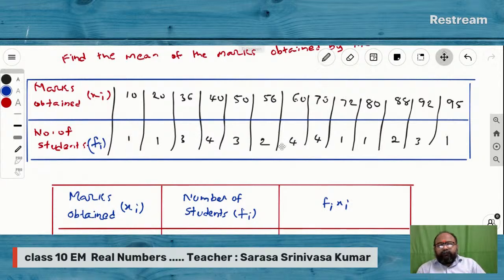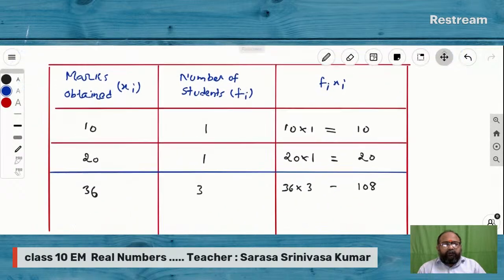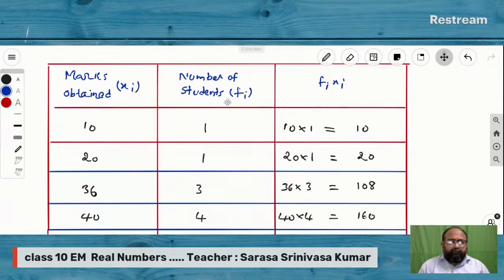So now we prepare a table. First column is marks obtained. The second column is the number of students, that is Fi, frequency.